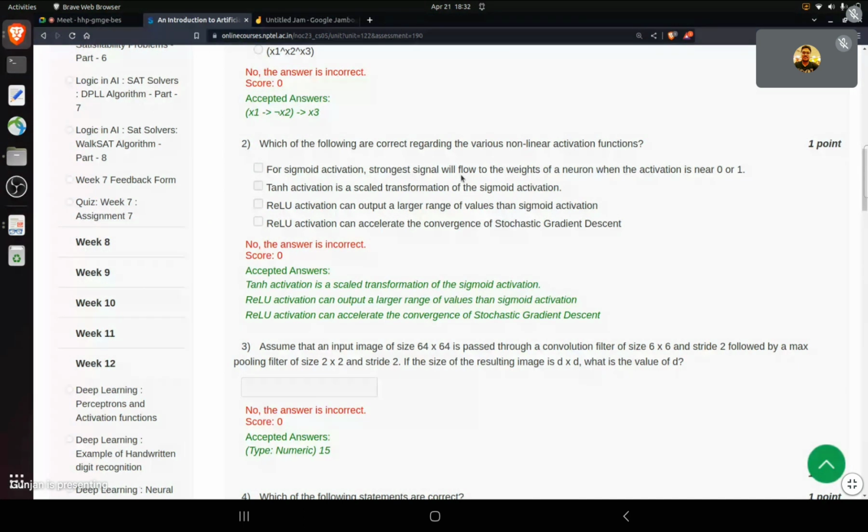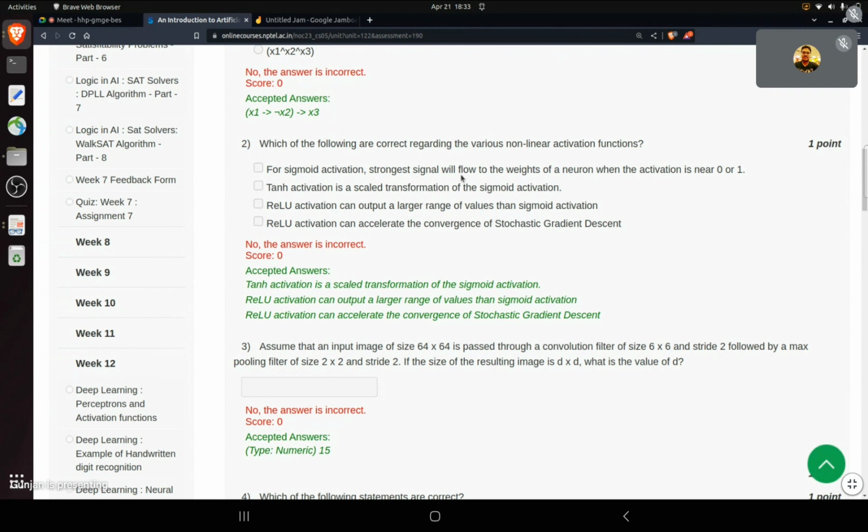It is not saying the strongest signal will flow to the output of the next layer. The signal is proportional to the differentiation of the activation function. The differentiation of sigmoid is very small near 0 and 1.